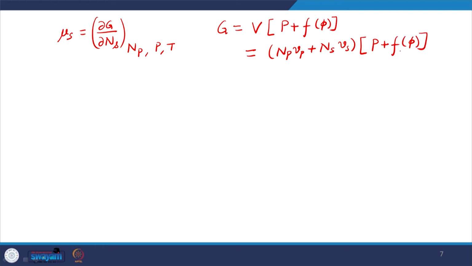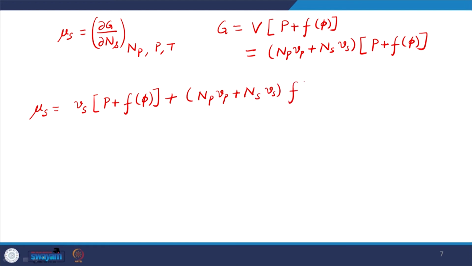And again when I took a derivative, what I find is μs equals Vs multiplied with (P + f(φ)) plus (Np Vp + Ns Vs) f'(φ) ∂φ/∂Ns.